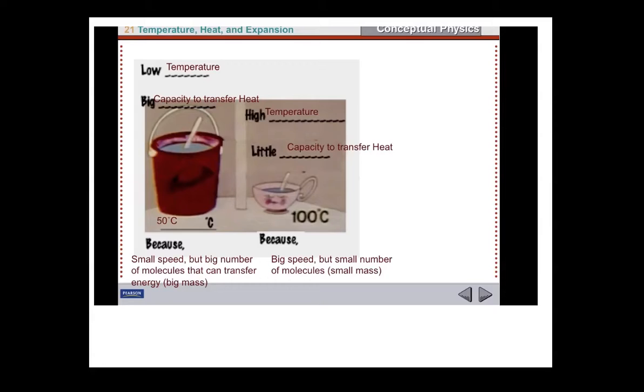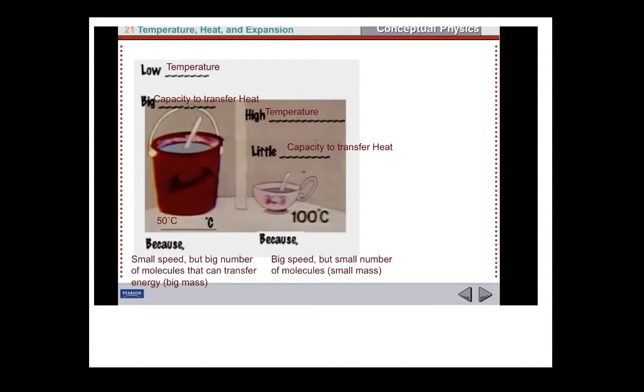Why does this one have a low temperature but a big capacity? Because even though it's a big bucket with a lot of water and a lot of molecules, they are moving slow because the temperature is 50 degrees. But it has a big mass, so it has the capacity to transfer more heat.